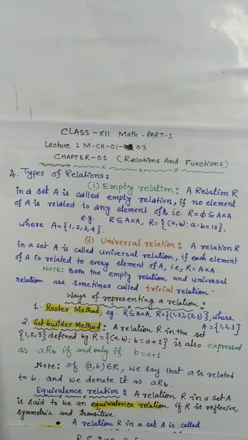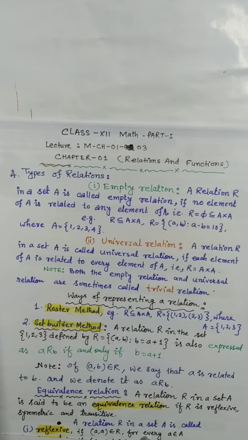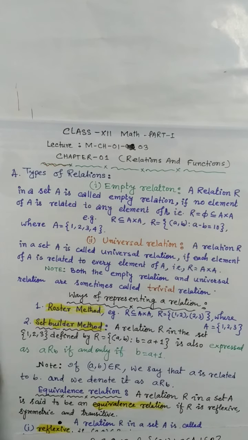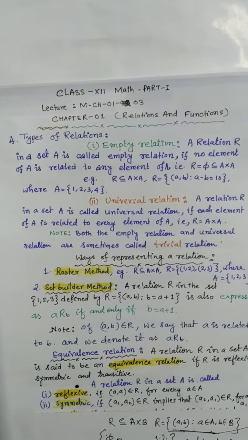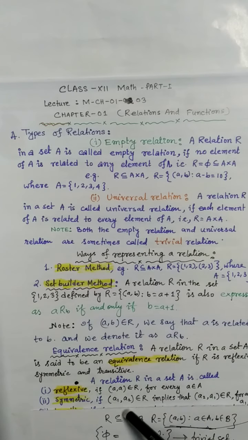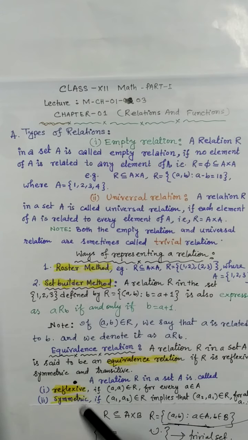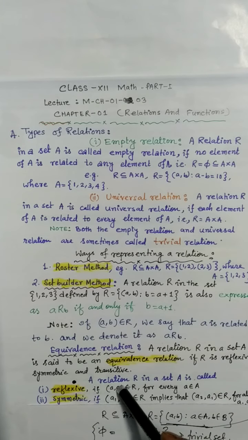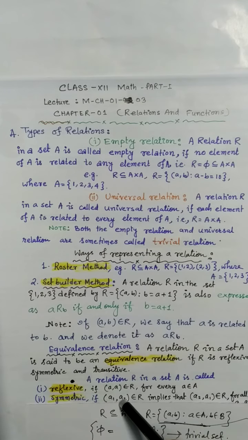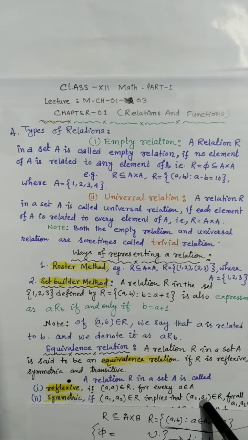So first we have to inquire about reflexive relation. A relation R in a set A is called reflexive if (a, a) belongs to R for every a belonging to A. And it is called symmetric if, for the pair (a1, a2) belonging to R, we have to find out whether its opposite pair is there or not.